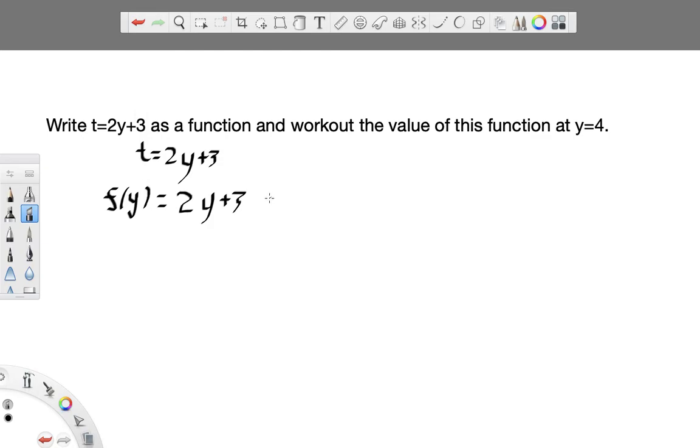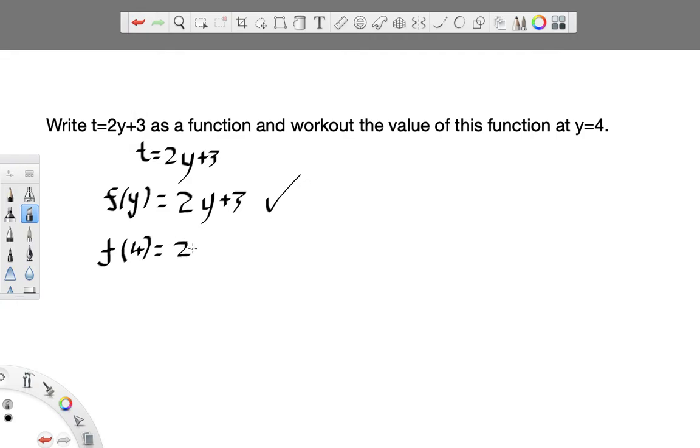So that's done. So when it says work out the value of this function at y is equal to 4, well, it's just a case of substituting y is equal to 4. But how do we write that with our new function notation? Well, we say f of 4. So now the number goes in place of anywhere in the function that we had y previously.